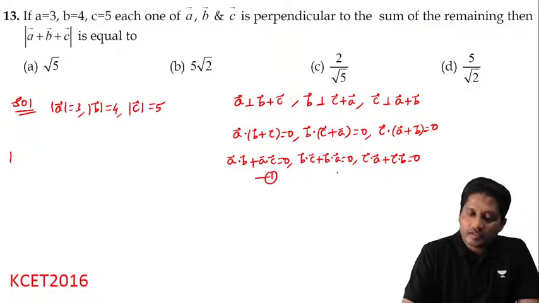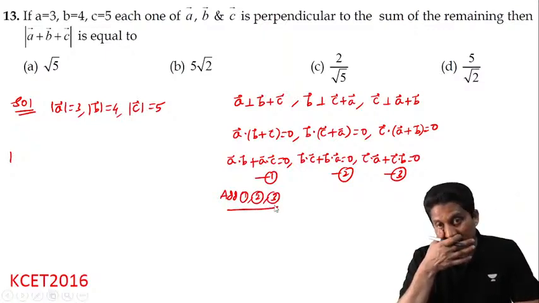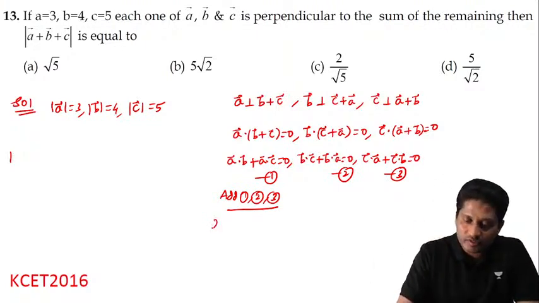Call these equations 1, 2 and 3. If you add equations 1, 2 and 3, A dot B and B dot A are the same, A dot C and C dot A are the same, B dot C and C dot B are the same. So 2 times (A dot B plus B dot C plus C dot A) is equal to 0.